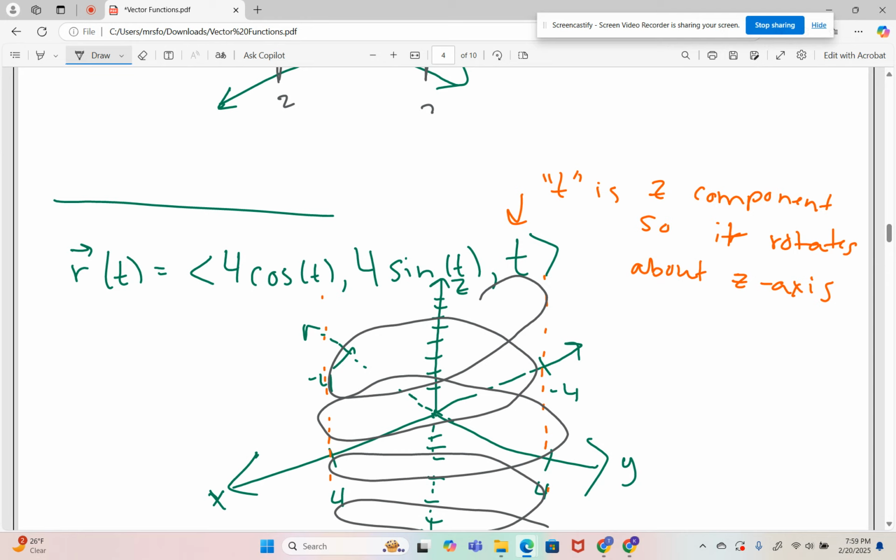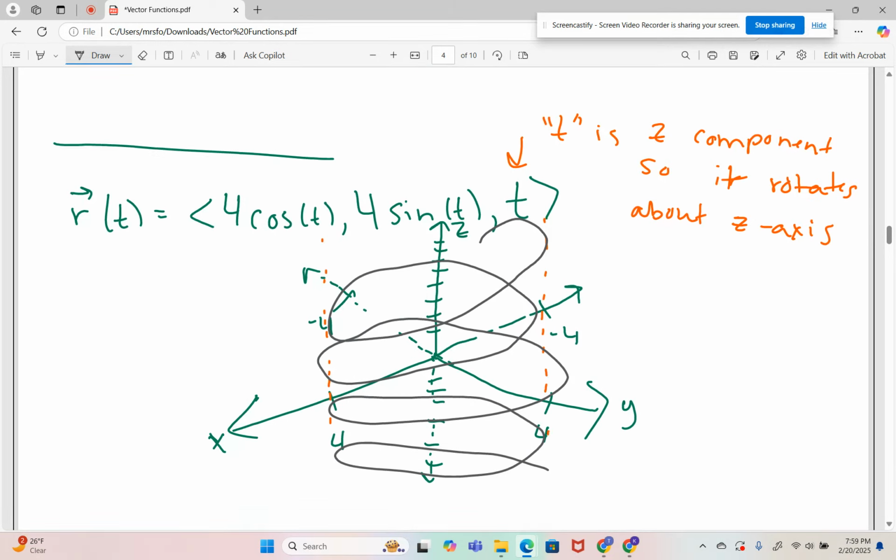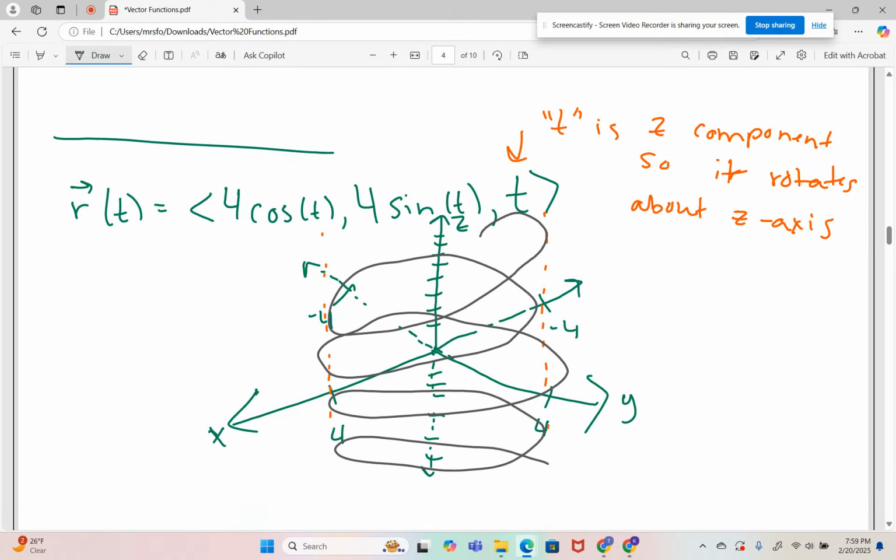You see the helix, it's going around the z-axis because the t is in the z component. If the t was in the x component, then our helix would be going around the x-axis. If t was in the y component, our helix would be going around the y-axis.